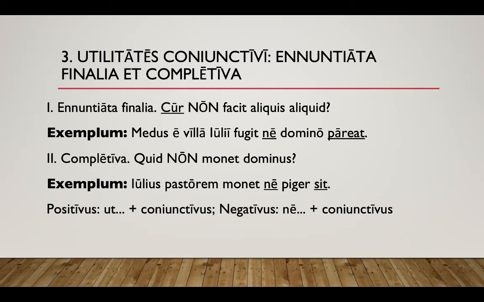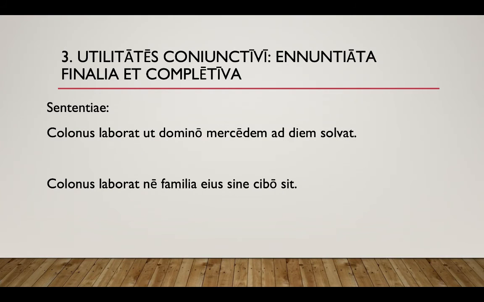Medus flees in order not to obey. If we're doing the completiva, Julius advises the shepherd that he do a good job, the positivus. We use ut and the conjunctivus. For the negativus, Julius advises the shepherd that he not be lazy. We use ne plus the conjunctivus.